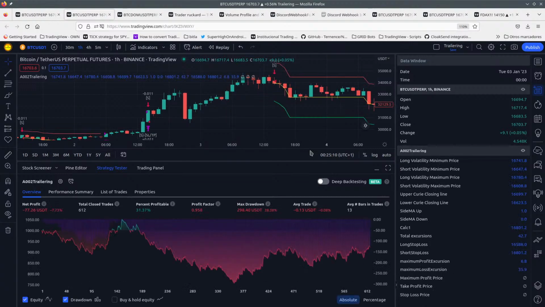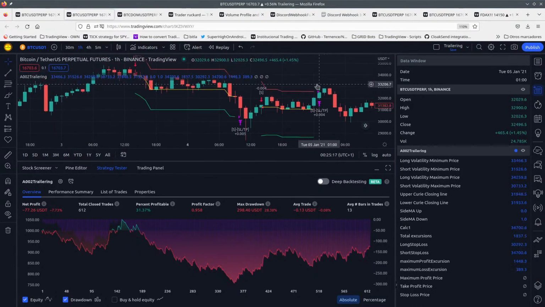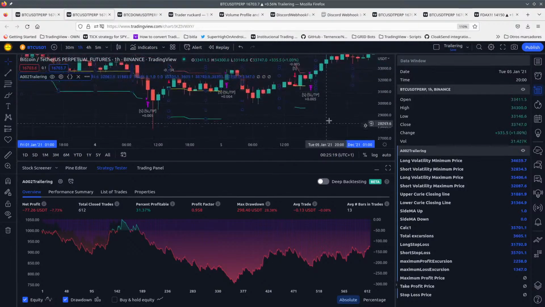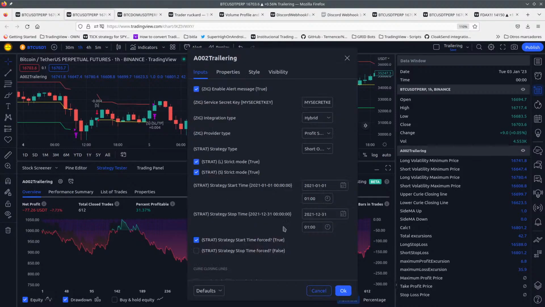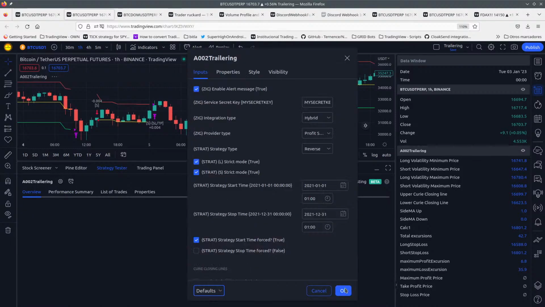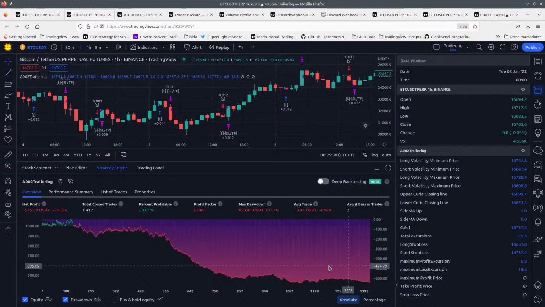We can maybe take a look, see what the hell is there. Yeah, okay, let's reset everything. Let's see what happens when we have reverse mode. That's something interesting that we can take a look at if you want to, although this is not supposed to work properly with long and short values at the same time.